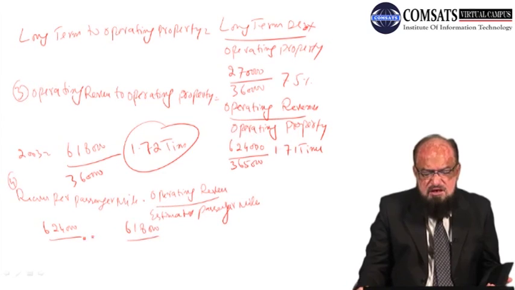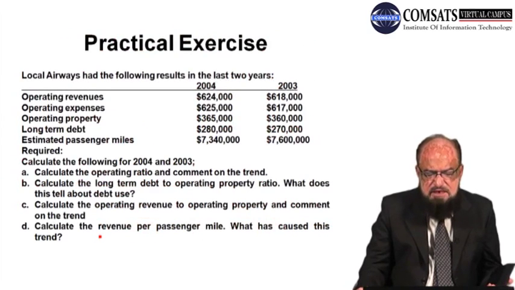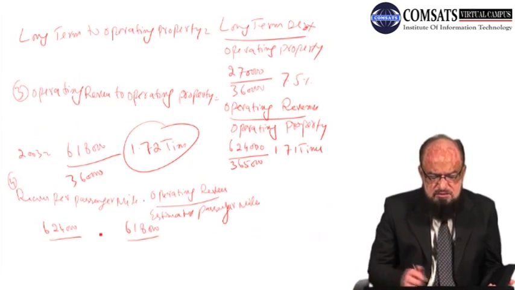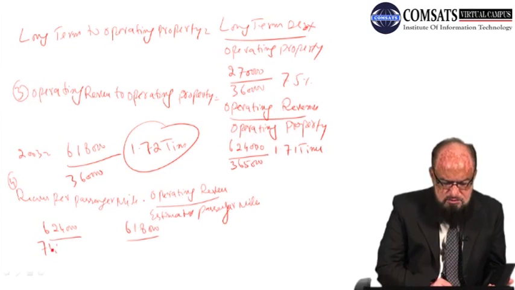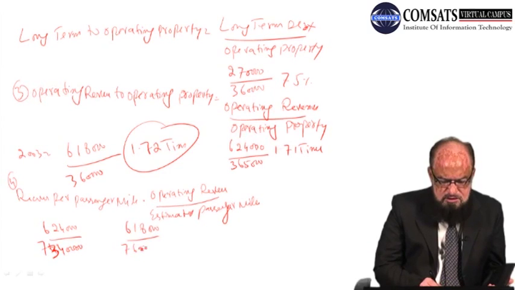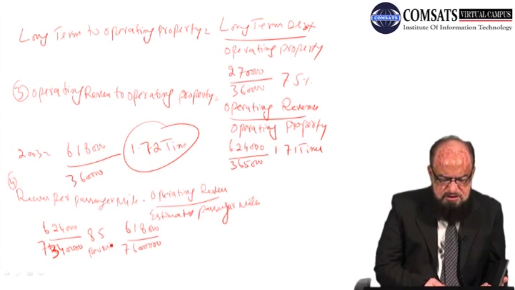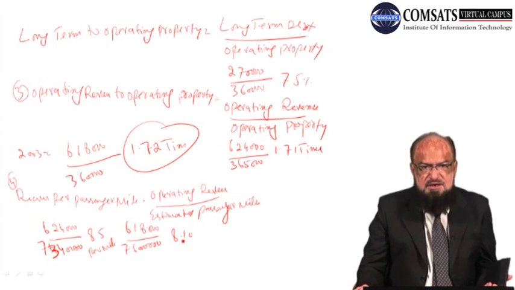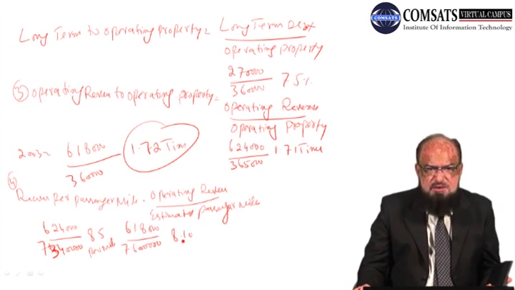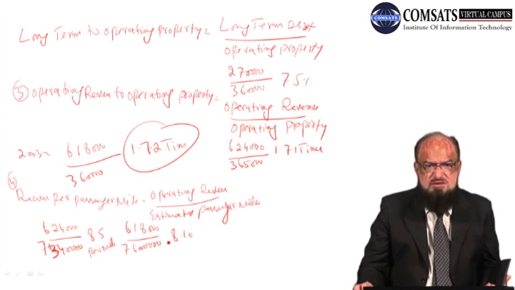Estimated passenger miles are also given in the question, that is 73,40,000 and 76 lakh. Divide it, it is simple. This will come to 8.5 per passenger mile, and this will come to 8.10. So you saw that the trend has changed: revenue per passenger mile has increased in 2004.